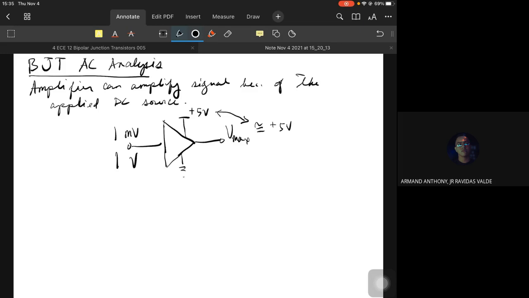So let's remember this one, it's a very important factor: the applied DC source. That's where our amplifier gets its power to increase the voltage level of the input.